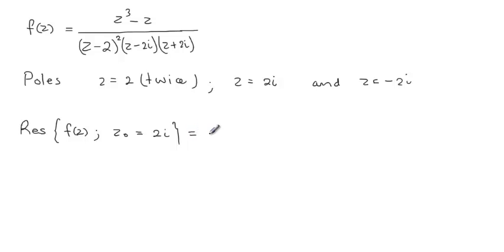We recall that this is calculated using the formula which says limit as z is approaching 2i of z minus 2i multiplied by f of z.